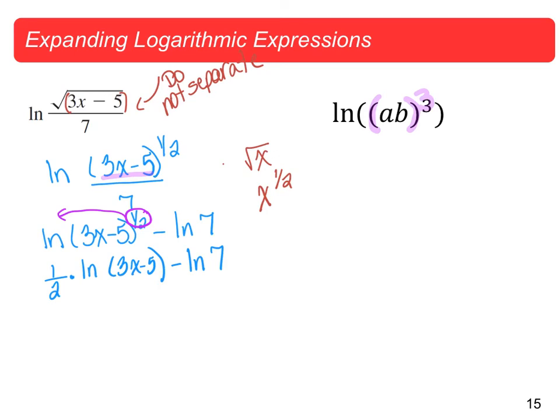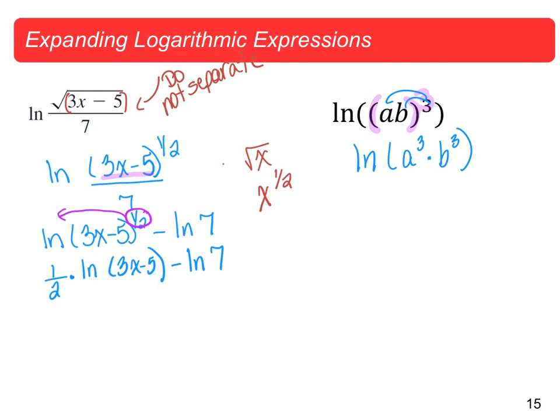And I can rewrite this as the natural log of a to the 3rd power times b to the 3rd power. Okay, so I just gave this 3 to both of those because they are multiplied together and they are being raised to that power of 3.